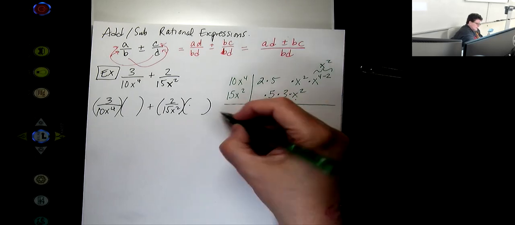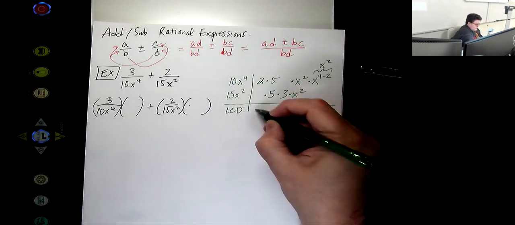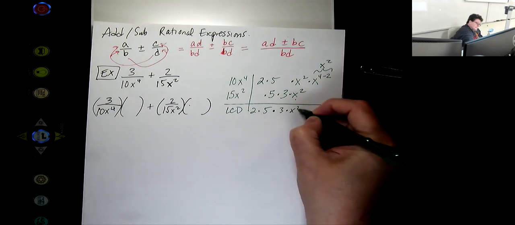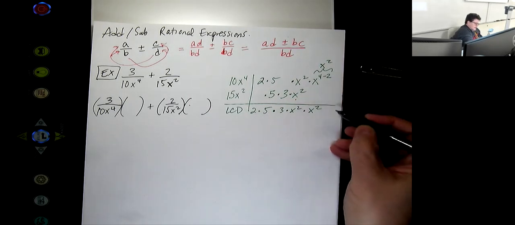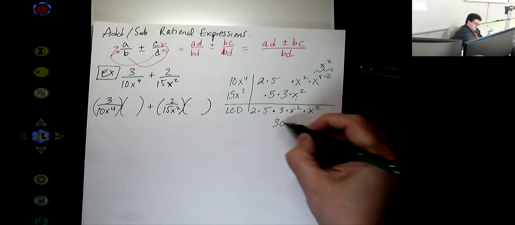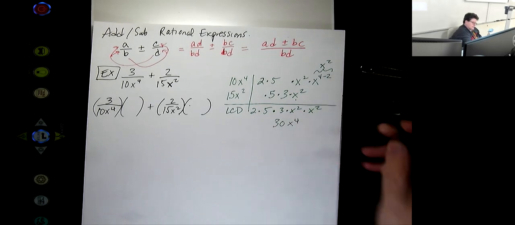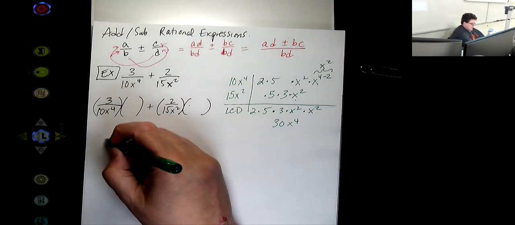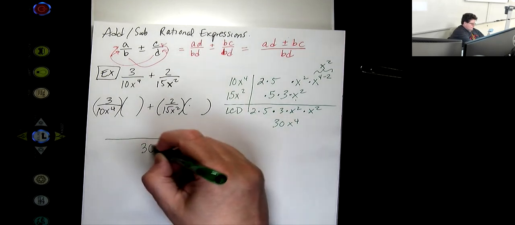So my least common denominator will be 1 from each column, which looks like 30x to the fourth. When I am done, I will have 30x to the fourth.